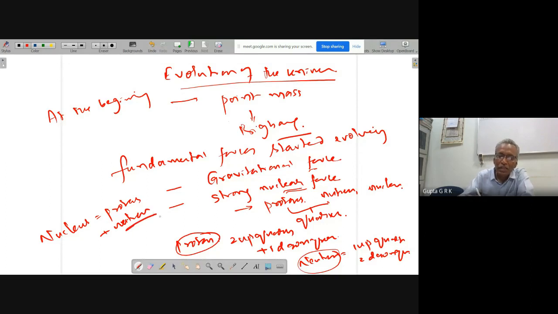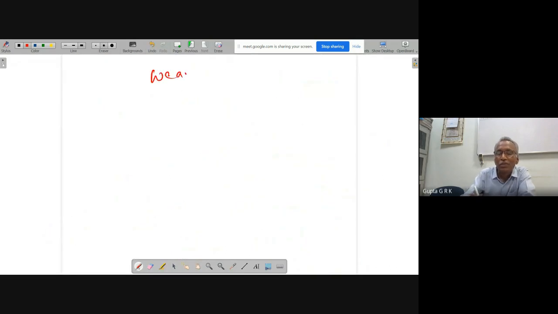Right? So the reason for binding of these two together is the strong nuclear force. And then came what is called the weak nuclear force, which is the reason for radioactivity and all.